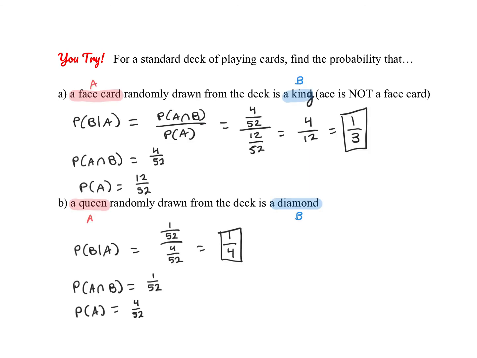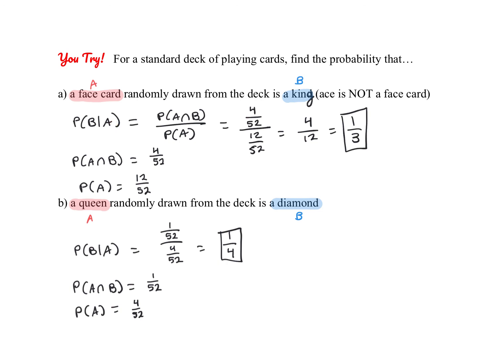All right, go ahead and check your work here. Just to show what I did, I labeled the events A and B. You could label them B and A. It doesn't really matter what you call each event. But for part A, being a face card is the condition, because it's a face card that's randomly drawn, is a king. So finding the king is event B, and the condition is being a face card.